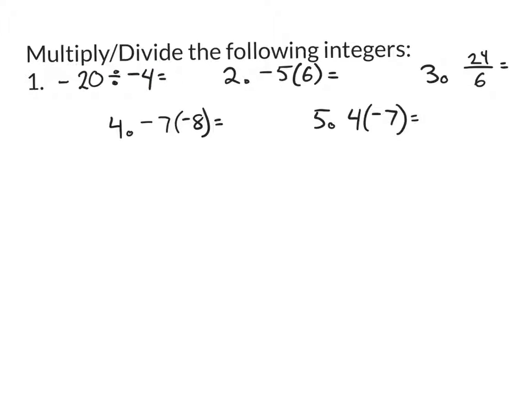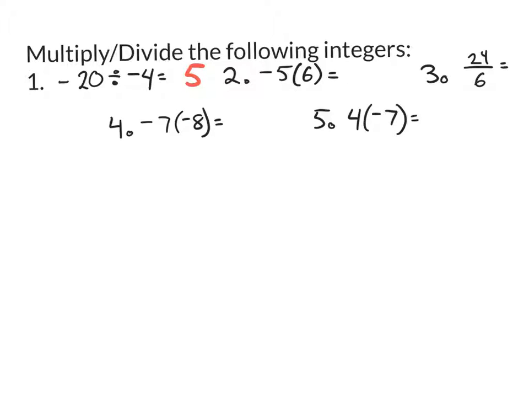The rules are the same for multiplication or division. So what's the answer there? Negative 20 divided by negative 4. Is it negative 5 or is it positive 5? Positive 5, right? Why? Because a negative times a negative equals a positive, or a negative divided by a negative, in this case, equals a positive. If the signs are the same, the answer is positive.